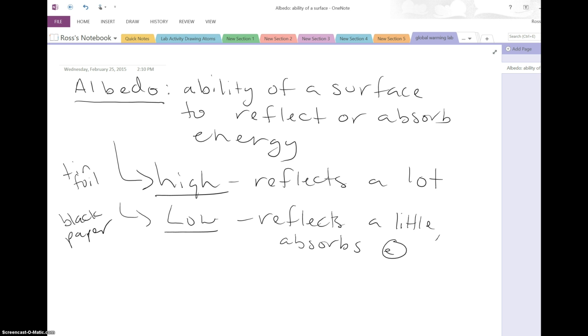Well, if surfaces on Earth have a low albedo, meaning they absorb lots of energy, that means that Earth is going to get hotter. So if, for instance, we replace nice reflective surfaces with dark colored surfaces that absorb the energy, the Earth's going to get warmer. We'll talk a little bit more about that in a minute, but in the meantime, start to think about what could be a light color that reflects light naturally, and then what are we replacing that with, okay?